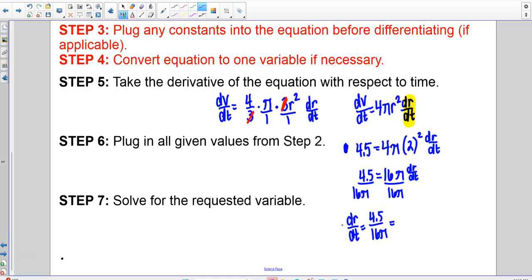You don't have to simplify, right? Let's see what it is with decimal. It's 0.089525. And we said the units for this, we're talking about radius, which is measured in inches, and time, which is measured in minutes.